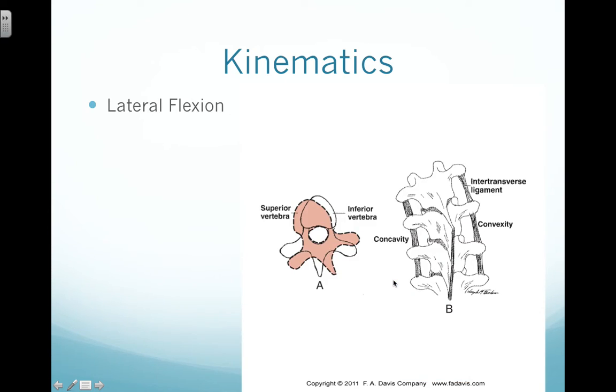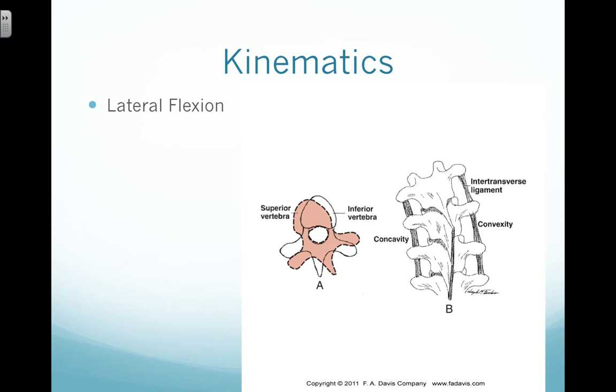Okay, let's move on and talk about lateral flexion. And this we'll talk about quite a bit as we get into our different segments. If we do our two hands again, our superior vertebrae laterally tilts, rotates, and translates over that adjacent vertebrae.